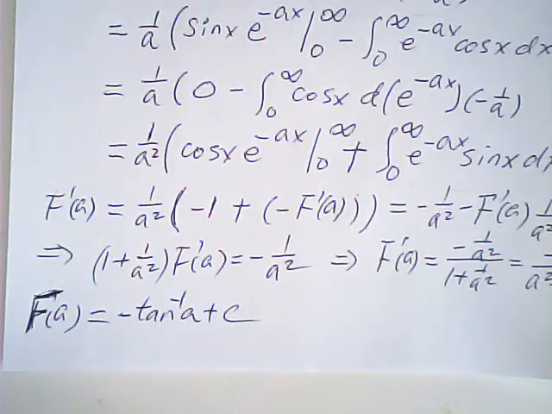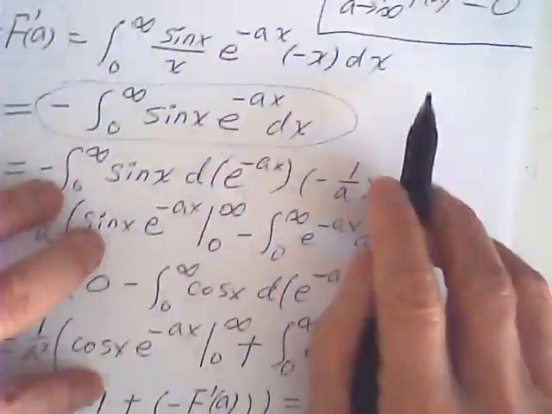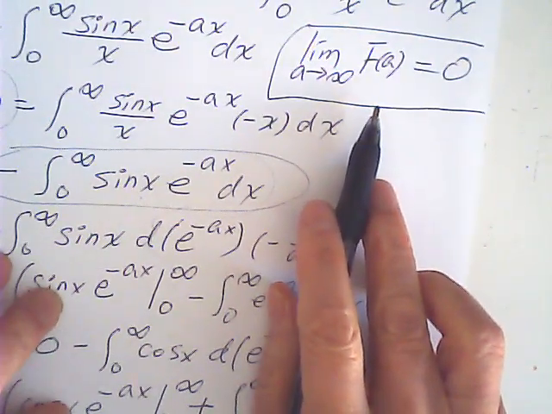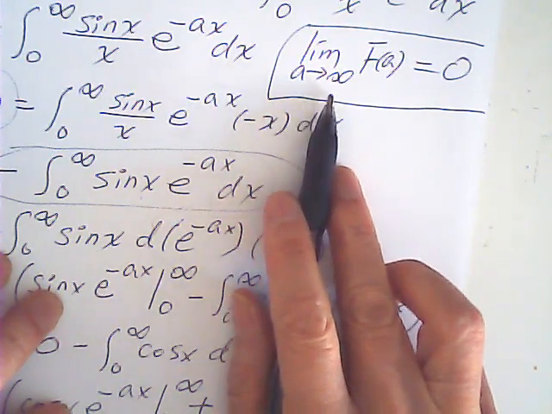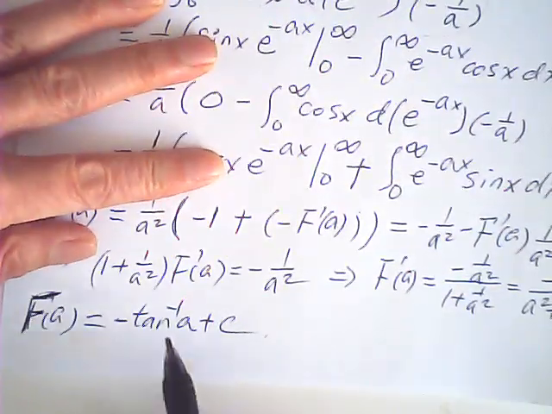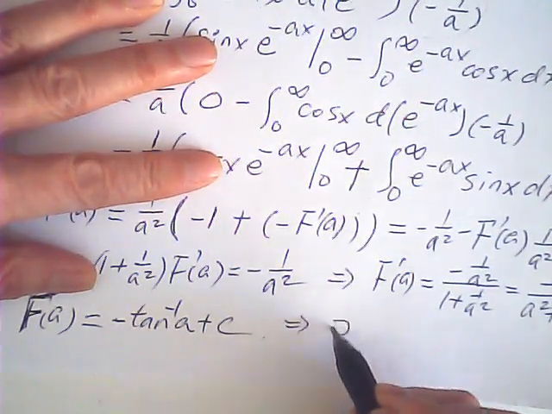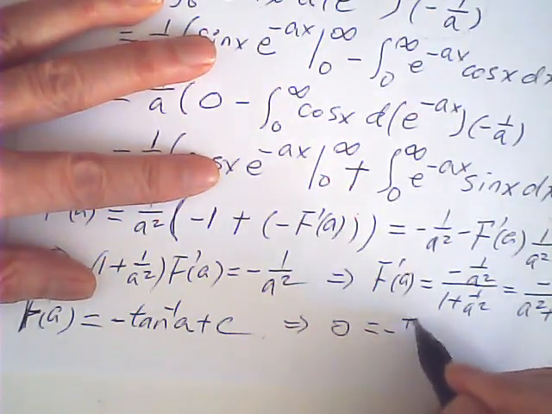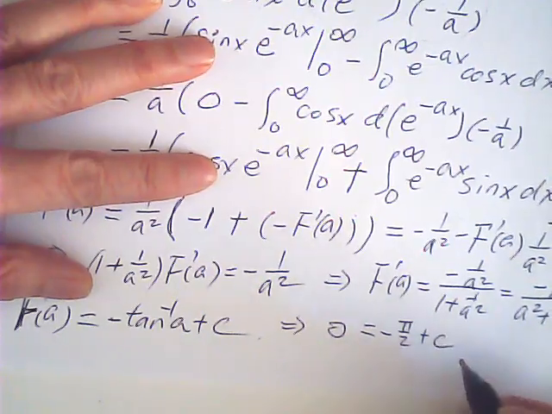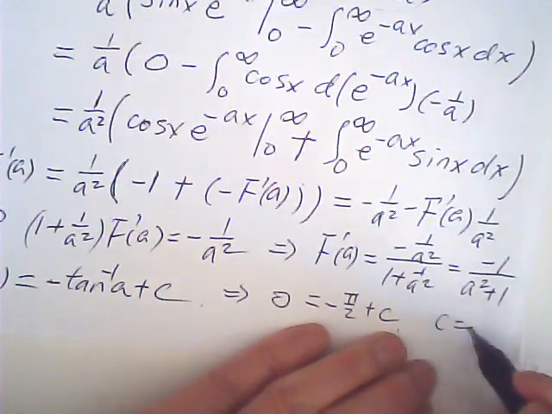Then, as a approaches infinity, f of a equals 0. So this means 0 is equal to, this is infinity, therefore this is half pi plus c. Therefore c is half pi.